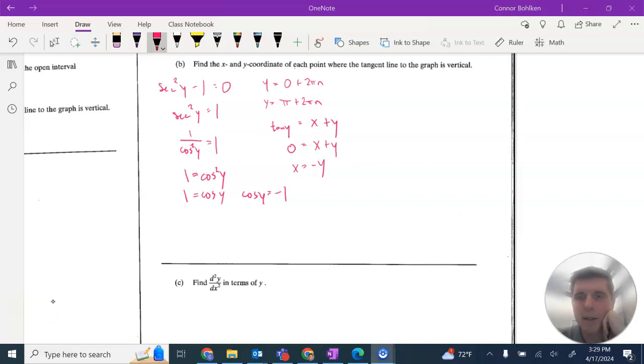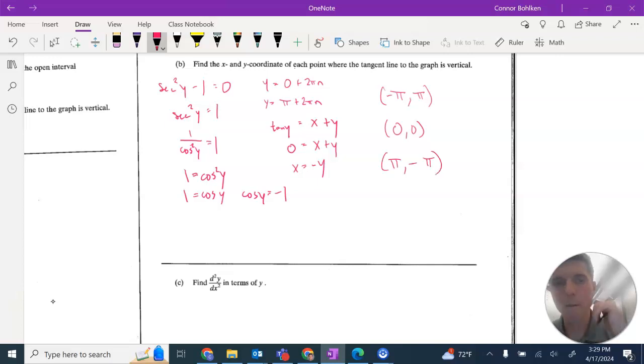And since it has those multiples of pi, my only options, starting from the most negative to the most positive, are: it can't be negative 2 pi, so it has to be negative pi and pi. 0 and 0, because that's negative and positive, doesn't matter. And then pi and negative pi.